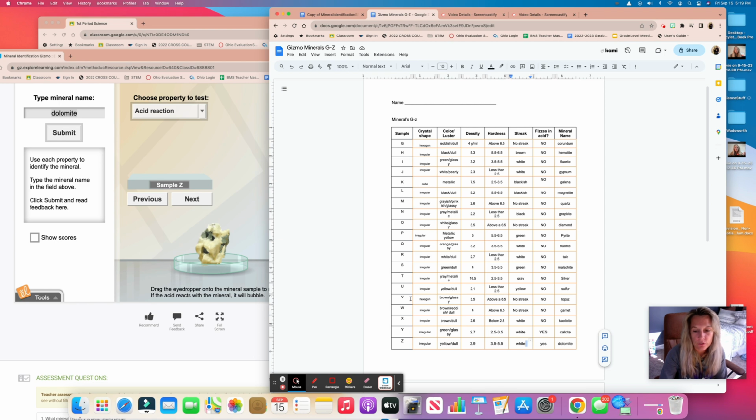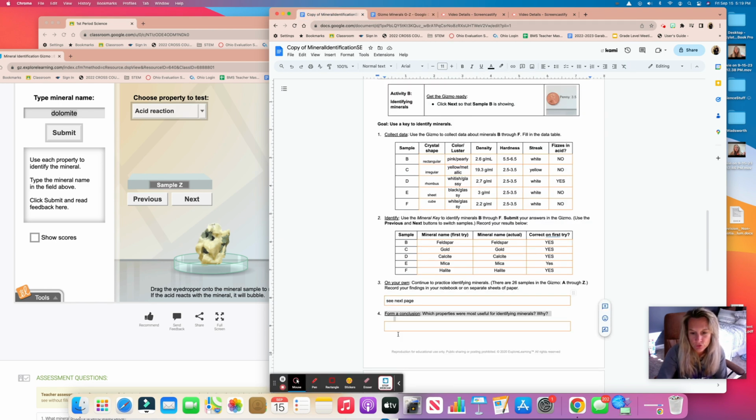So what you're going to need to do is two things. First, hop back to question 4. Form a conclusion. Which properties were most useful when identifying minerals and why? So make sure you answer that.